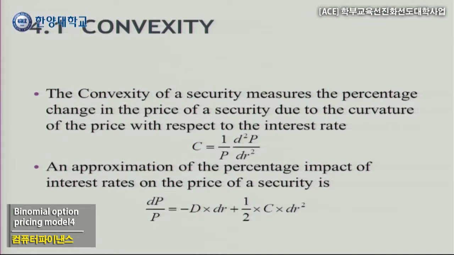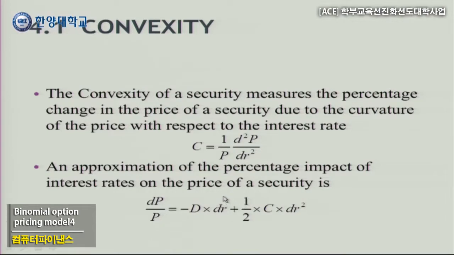When dr is positive, this is negative, and this is negative, and this is positive. We have a dr square term and C is positive. Therefore, this term is always positive. So if we don't consider the convex term, we always underprice the bond, right?